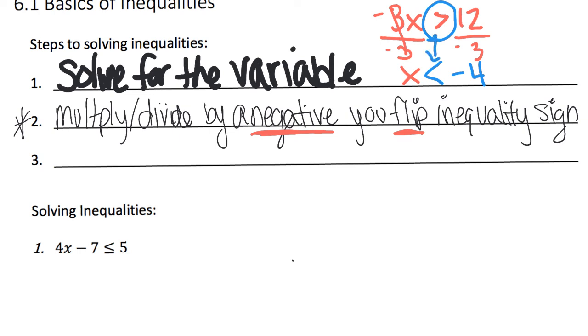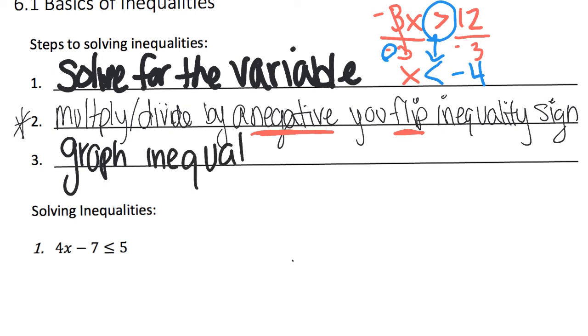Okay, so we flip that inequality sign because we divided by a negative. So that's important to remember. Our last step is to simply graph the inequalities. And that's what we just reviewed. So those are the steps.